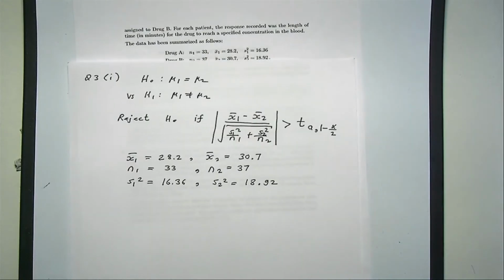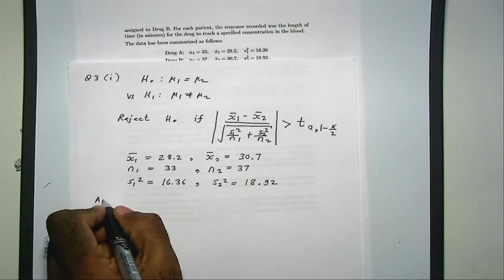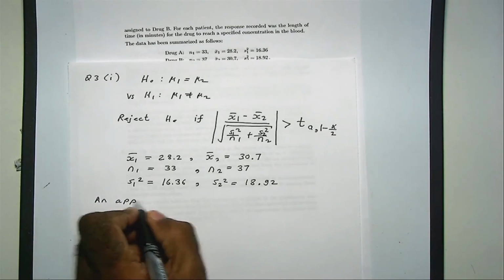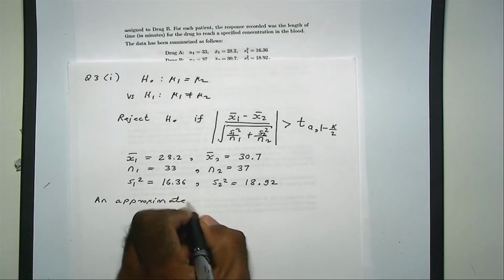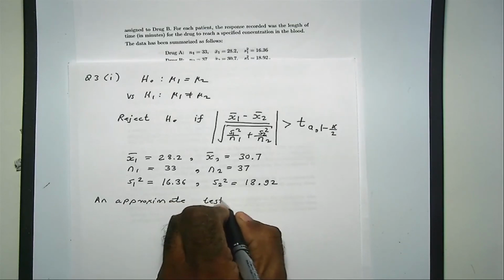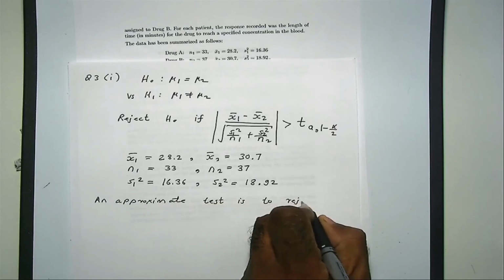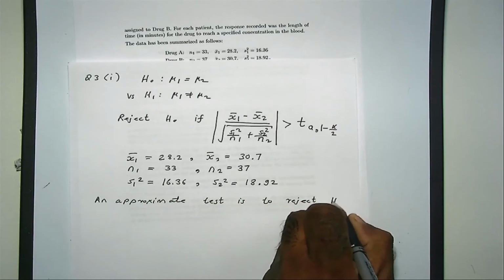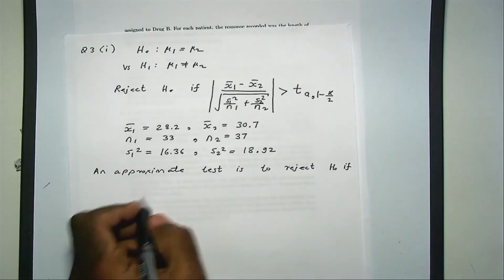What I'm trying to say is the following: an approximate test is to reject the null hypothesis if the following is true.